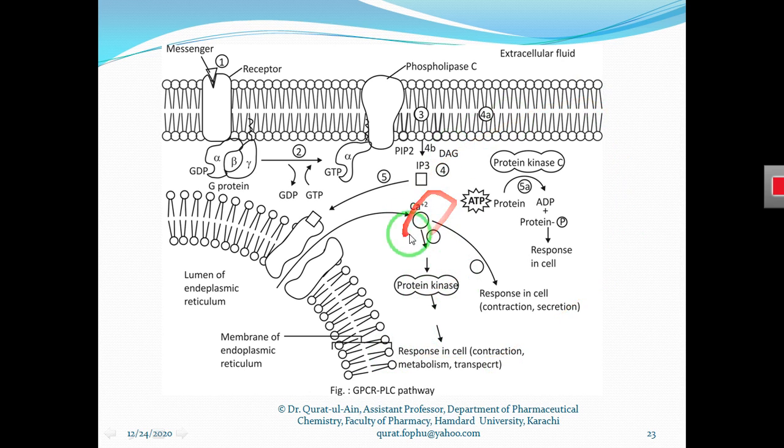This calcium is also involved in the contraction of muscle cells. So this is how calcium acts as a second messenger, or how calcium regulates the different pathways in our body, and how IP3, the phosphoinositol, regulates the processes in our body.